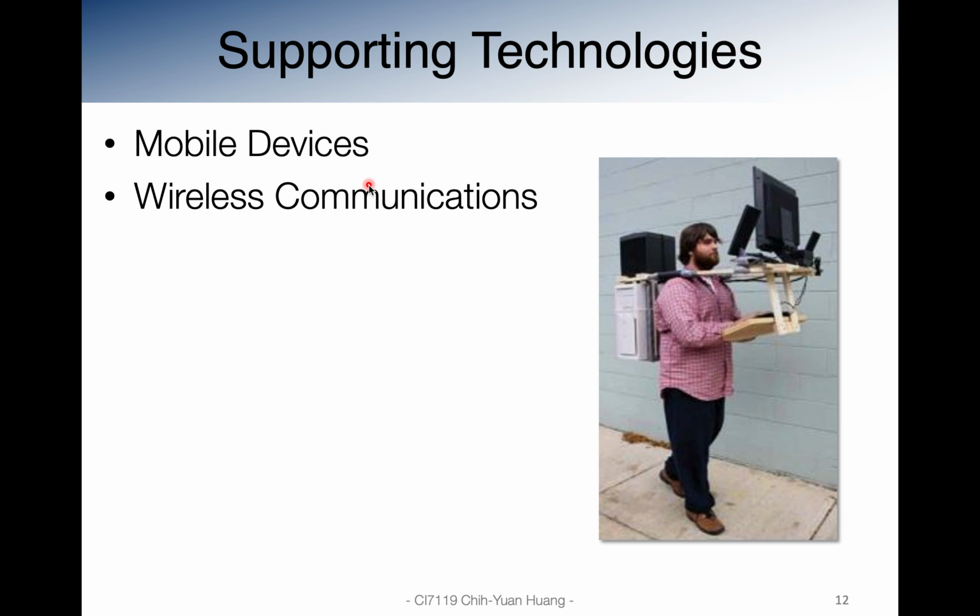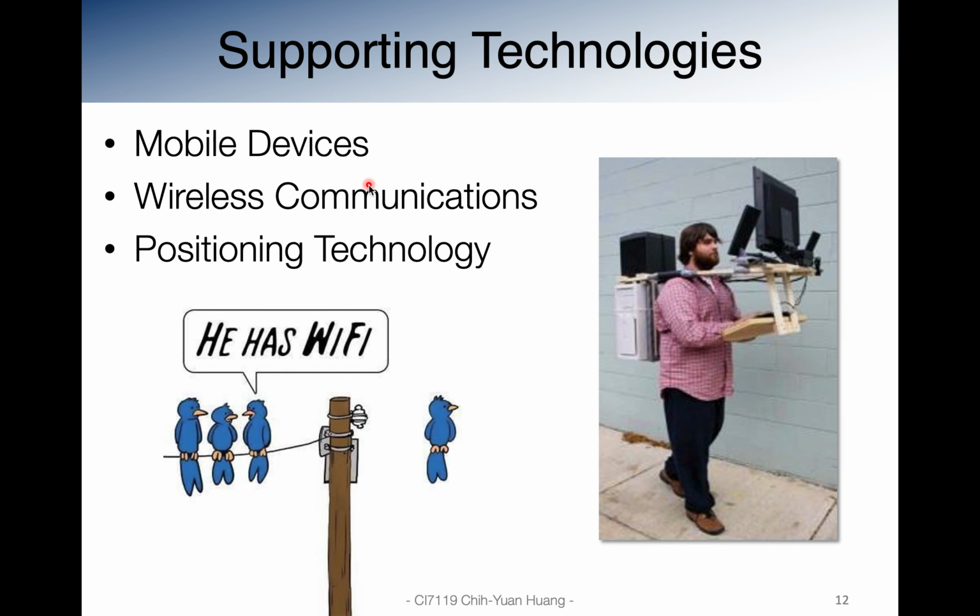The second one is the wireless communication, and the third one is the positioning technology. The wireless communication is a very important supporting technology to the mobile GIS. As we mentioned earlier, the mobile GIS and the web GIS could overlap with each other, and the overlapped region is called the connected mobile GIS.